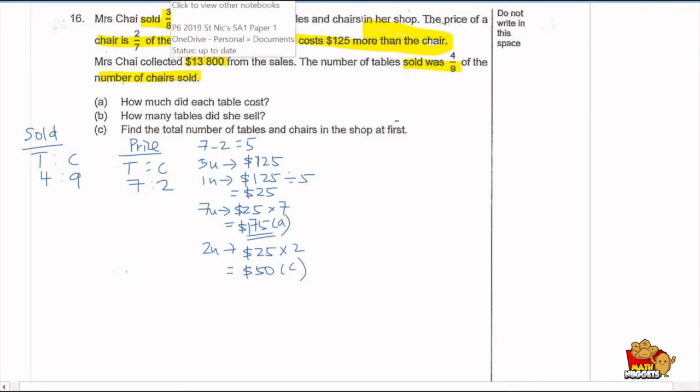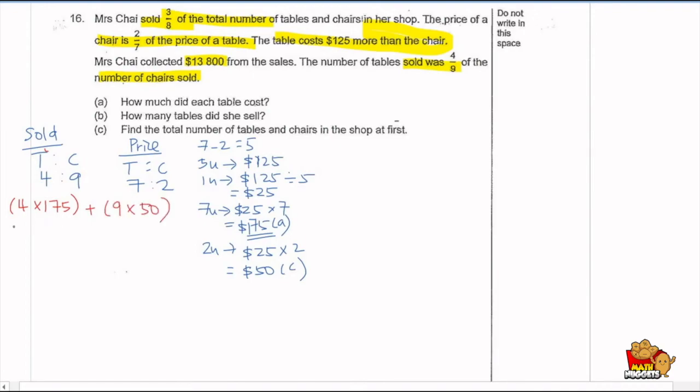Okay, if one set has got 4 tables and 9 chairs, the total cost in one set will be this for the tables, this for the chairs, $700.